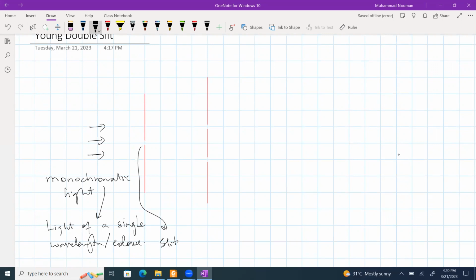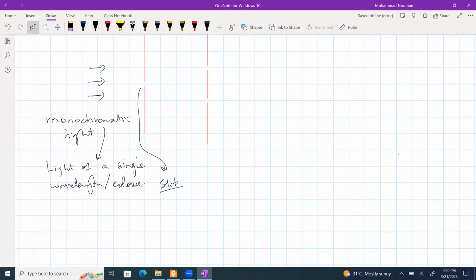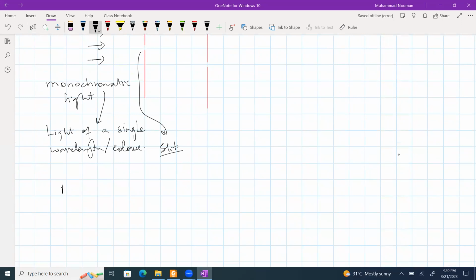slit, okay? And when he passed the light through this small slit, the light diffracts. And the process is called diffraction. I am defining this process here only.